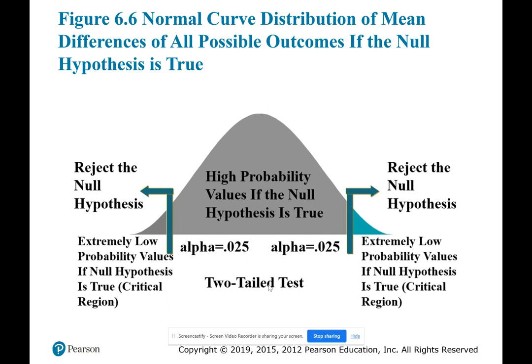Okay, so the curve displays a two-tailed test with an alpha equal to 0.025 at each end. The larger middle part of the graph is labeled as high probability values fall if the null hypothesis is true. The left and right tails are labeled extremely low probability values if the null hypothesis is true. That's your critical region, which implies or rejects your null hypothesis.